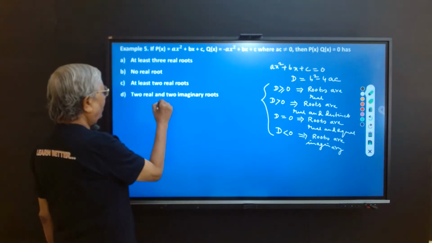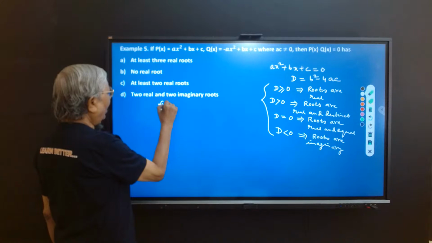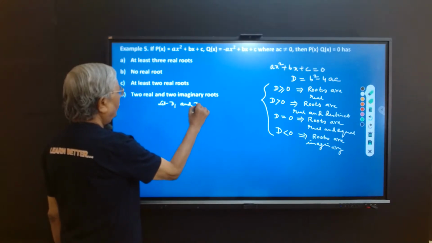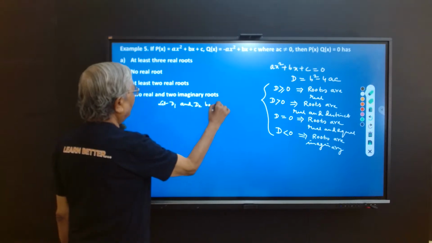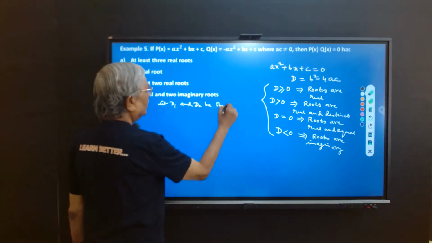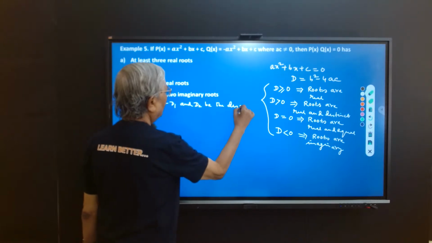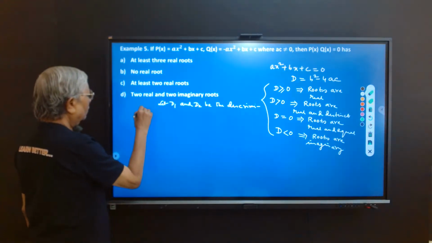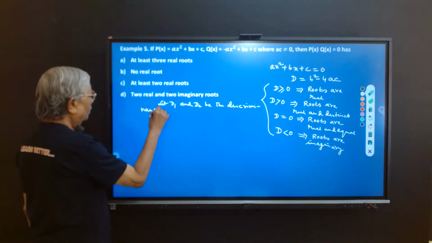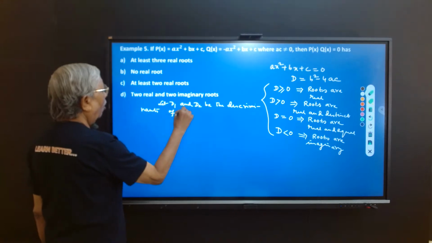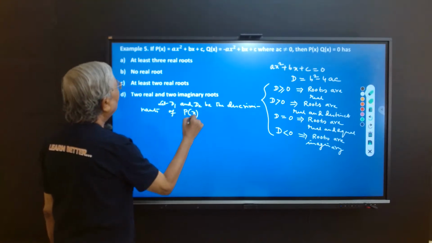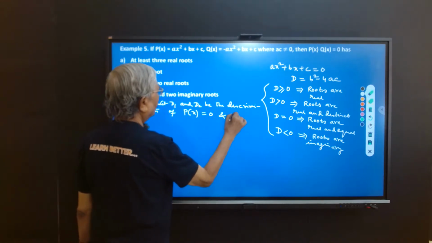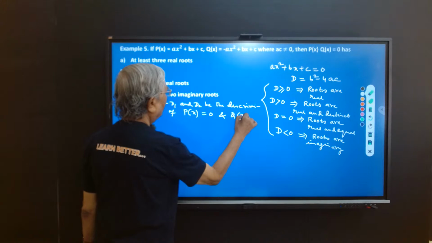So let d1 and d2 be the discriminants of px equal to 0 and qx equal to 0.